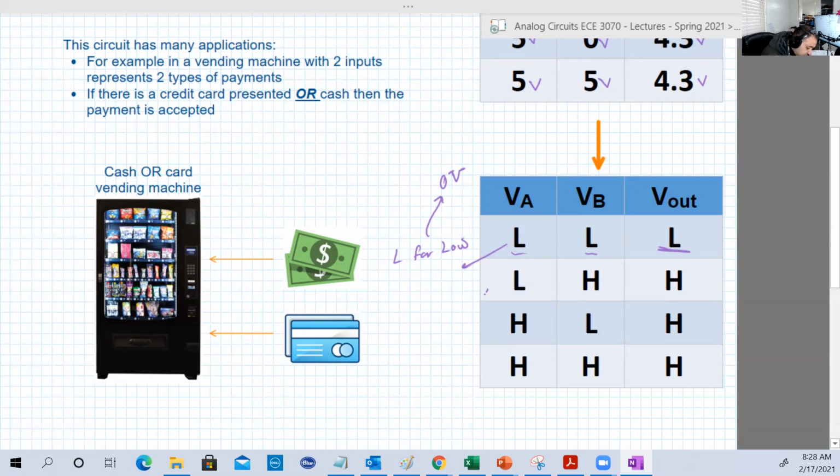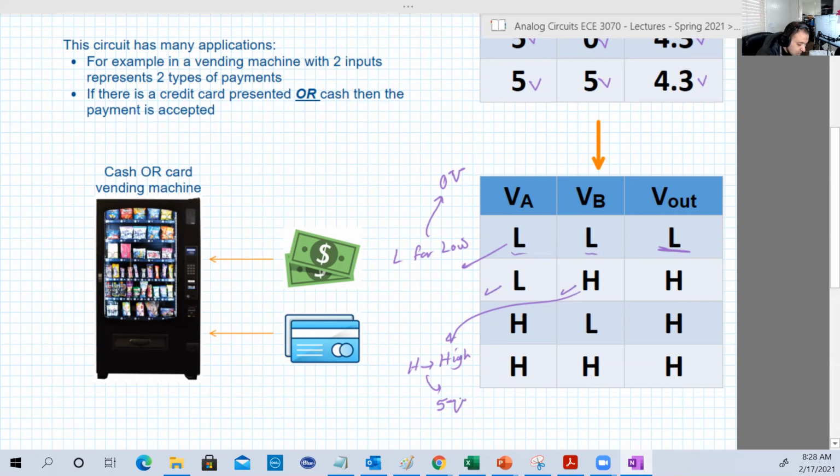Here, low and high. High means high voltage, like 5 volts. But again, 5 volts is one of the options. Maybe you see other circuits with a voltage that is considered high, but not 5, 6 for example, or 4.